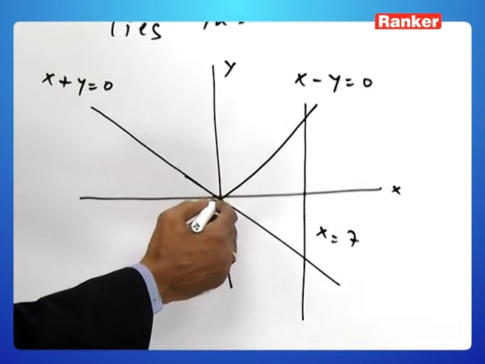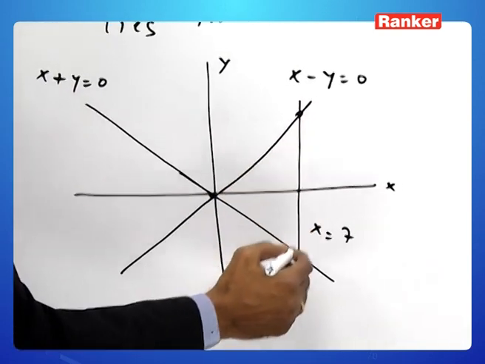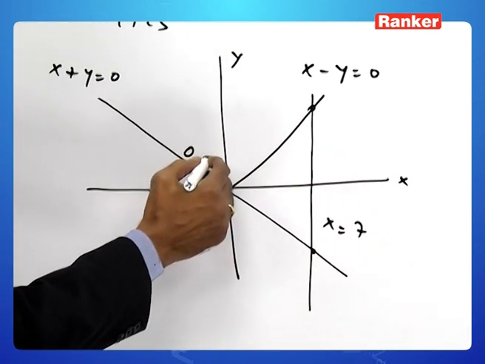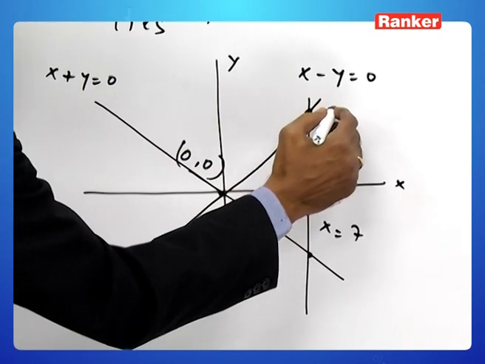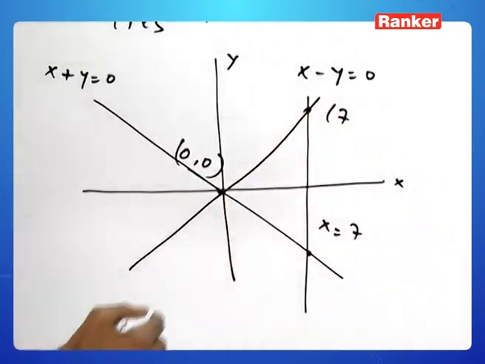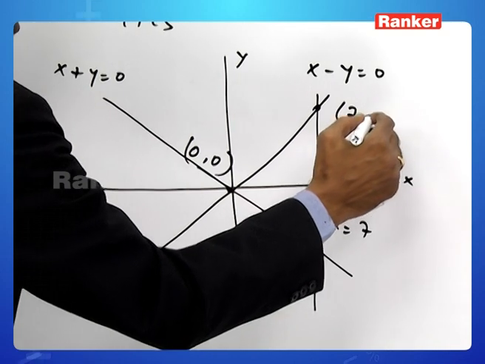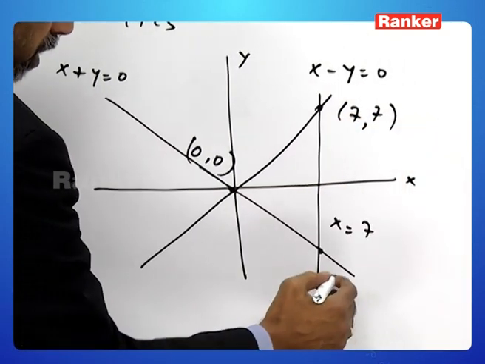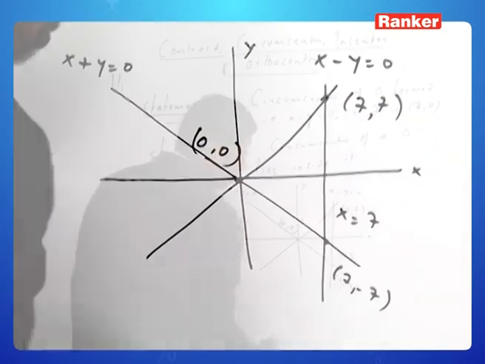So you can work out the coordinates. This will be (7, 7), and this will be (7, minus 7).